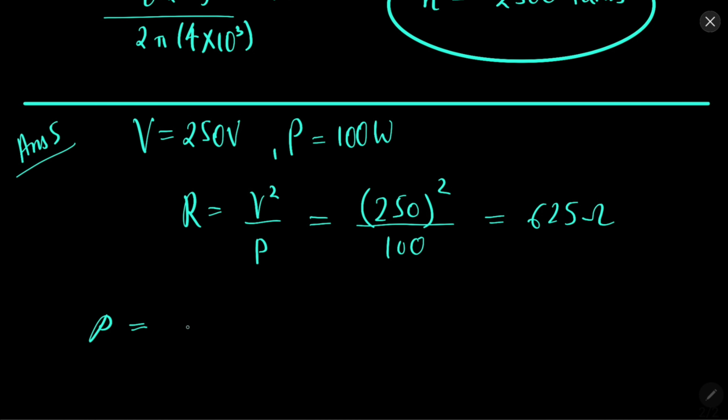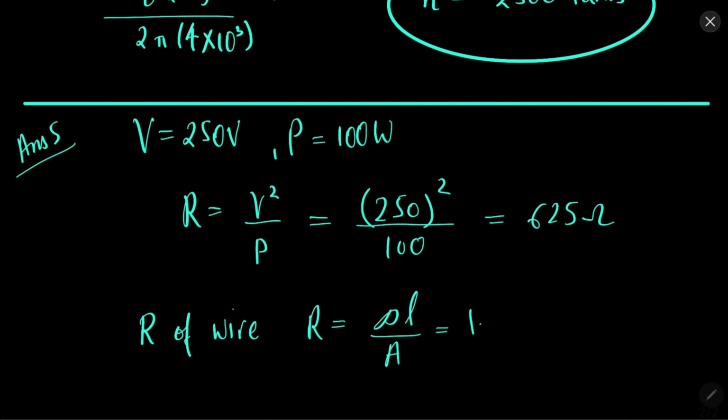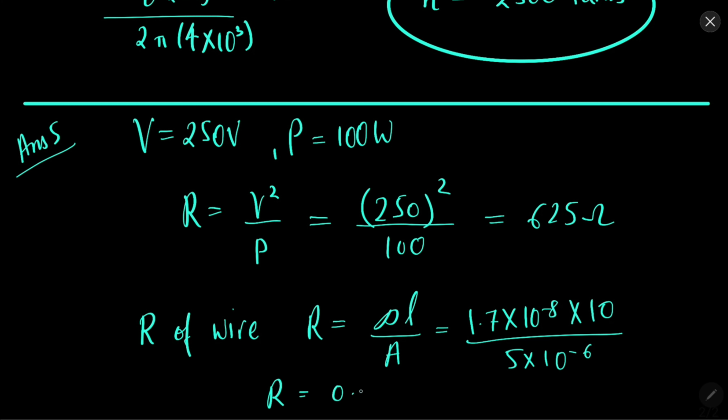Resistivity is given, and now the resistance of the wire can also be found out by this formula. So it will be 0.034 ohms.